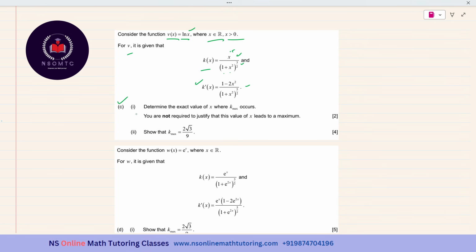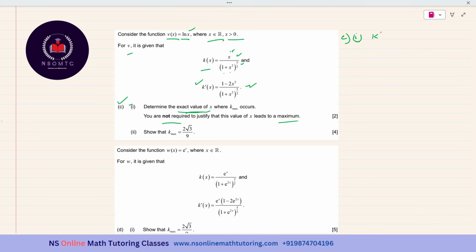Subpart C is having 2 further subparts. The first is saying determine the exact value of x where k max occurs. And you are not required to justify that this value of x leads to a maximum. Okay, so first of all, we will be equating the first derivative to 0.